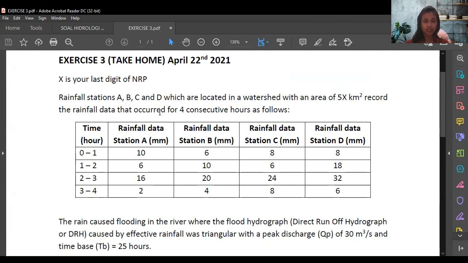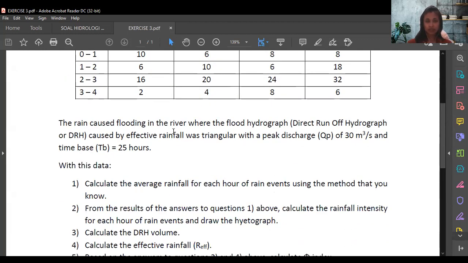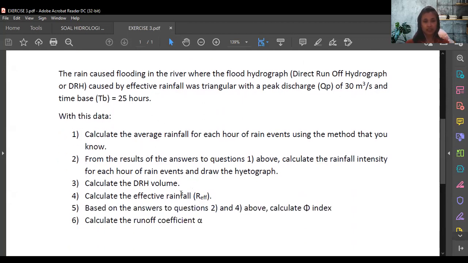From this exercise, you will need to open again the materials from our previous lectures, like from the infiltration, because there is this runoff coefficient, and then the P index. If you still remember regarding this P index, it's in the infiltration modules, and for the rainfall intensity, hydrographs also in our previous modules.